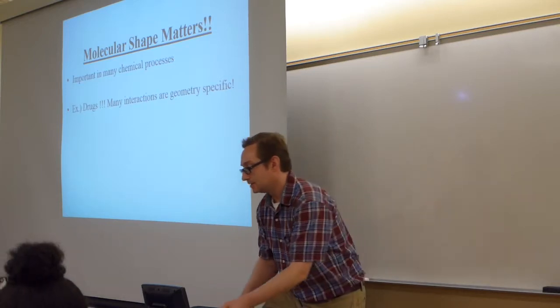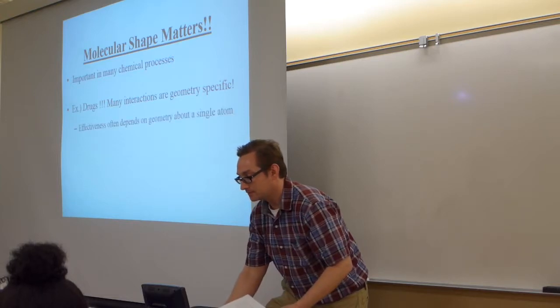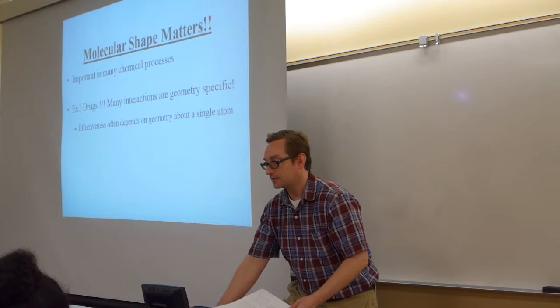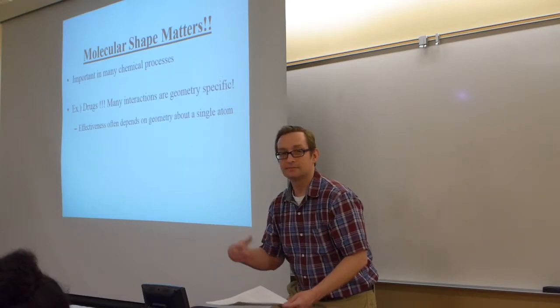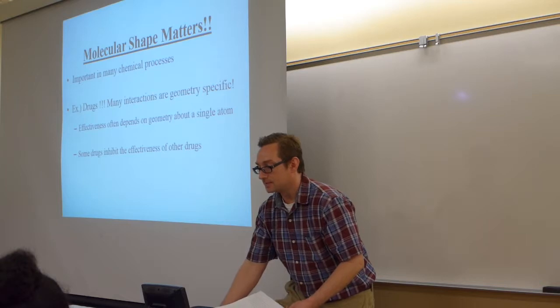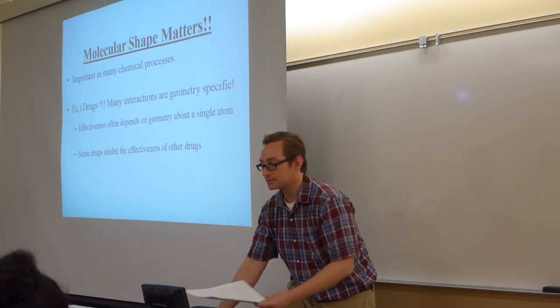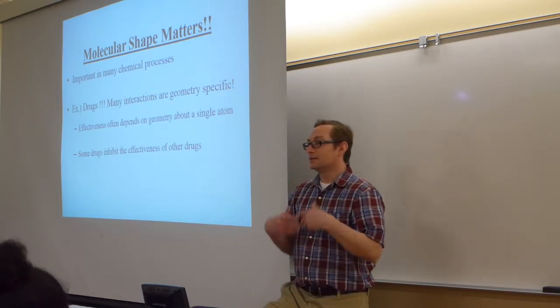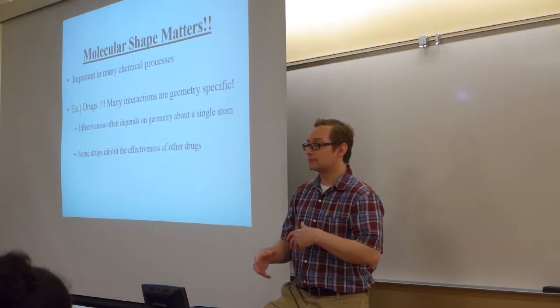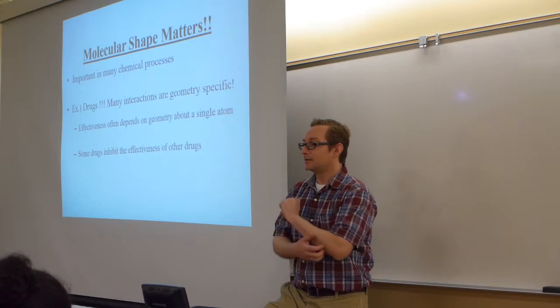Okay, so I'll show you an example of that. The effectiveness of how that interaction takes place affects the ability for the drug to have its therapeutic benefit for us. Some drugs inhibit the effectiveness of other drugs. So for example, if you take biochemistry, you'll learn that you've got inhibitors versus activators.